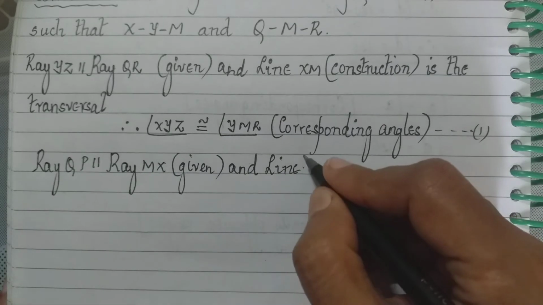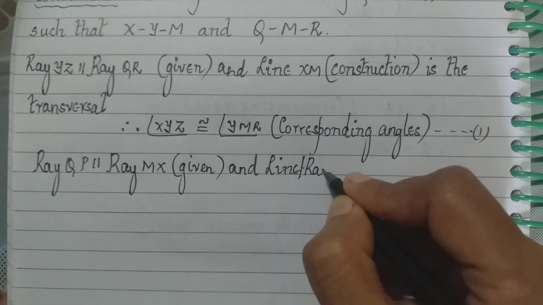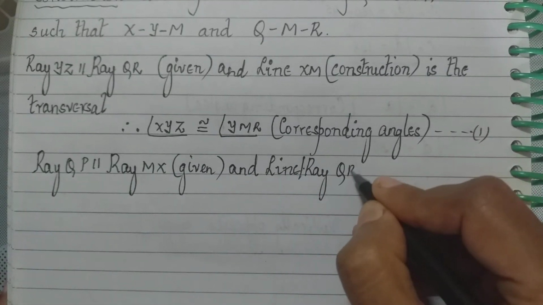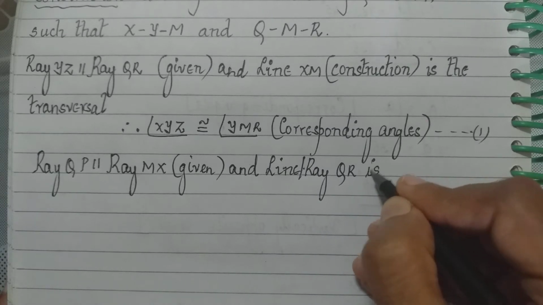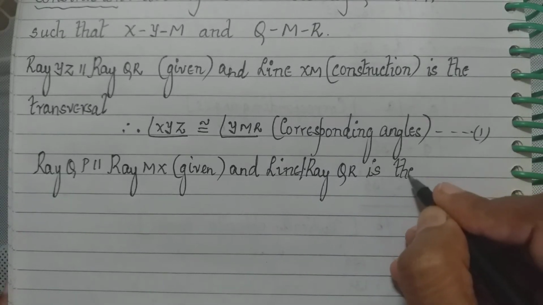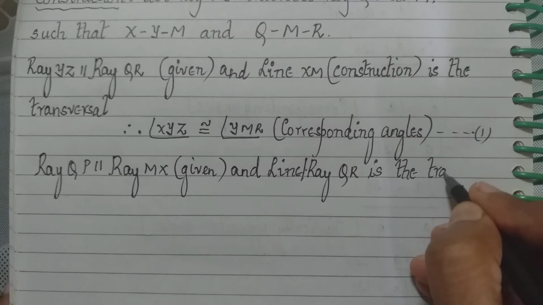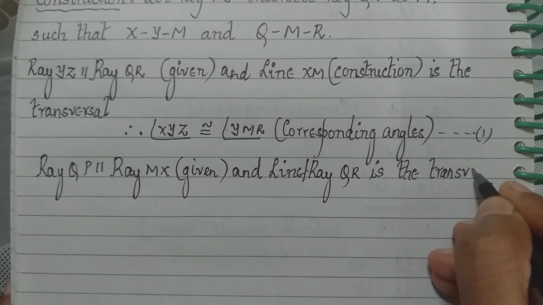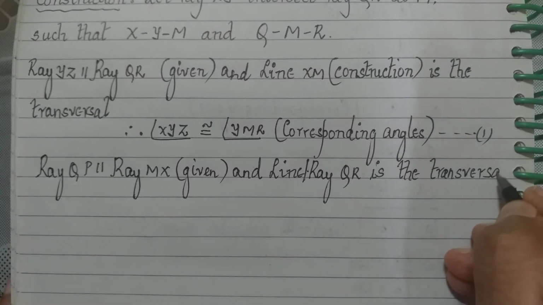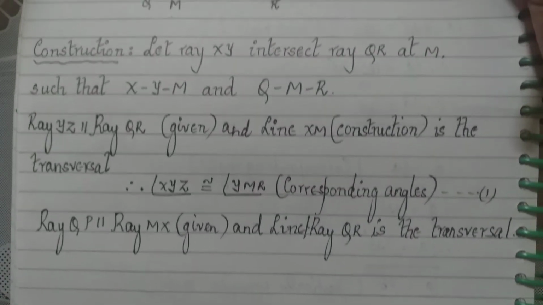QR line, or we can say ray QR is the transversal. Now when this forms the transversal, again we have a pair of corresponding angles.